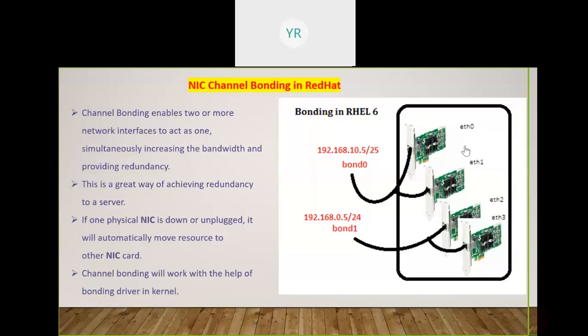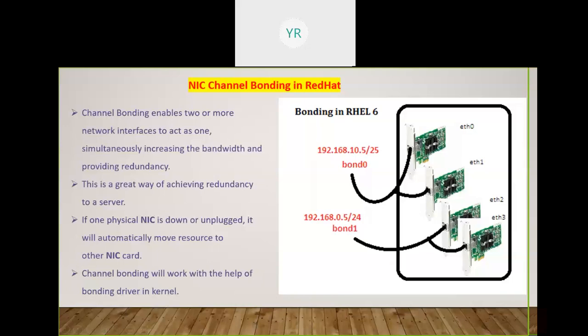Bonding means we will combine these, so they act as a single NIC card, which is called bond0. You can do the same for another. You can do a number of bondings in a system. We will see how to do that bonding in RHL6.